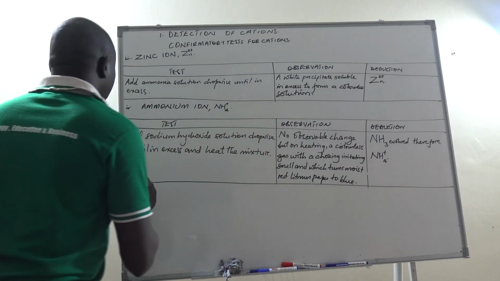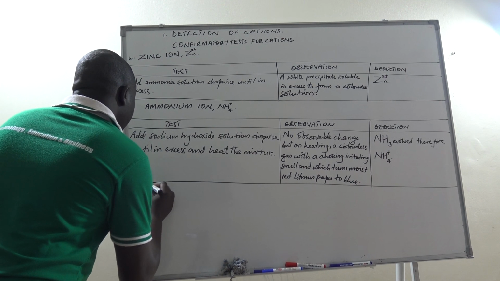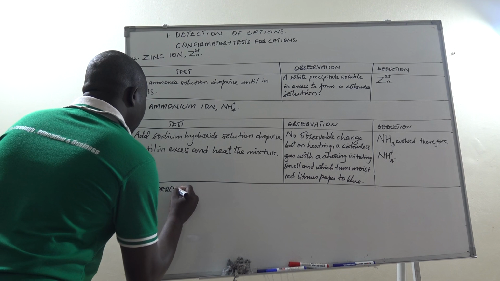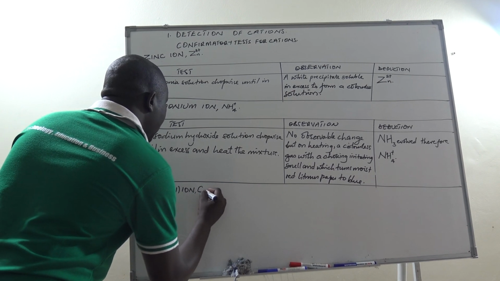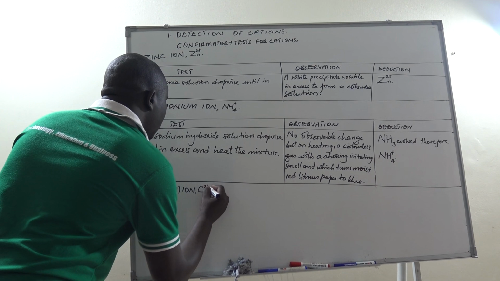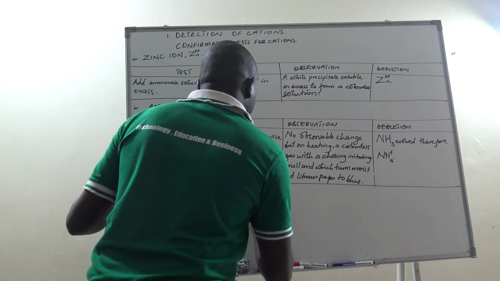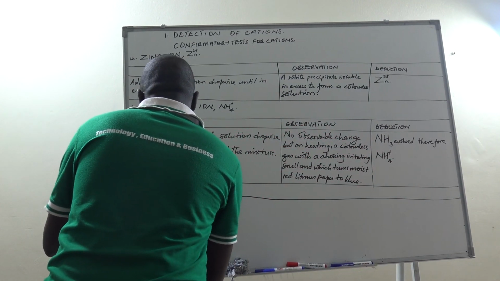Then let us also look at copper II ion, with the formula capital C small u 2 plus. Let us also draw our simple table for test, observation and then deduction.